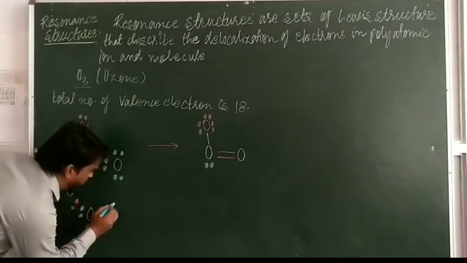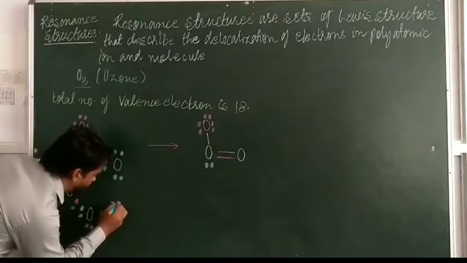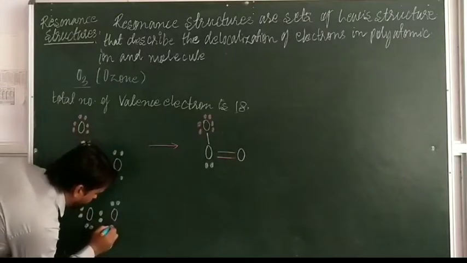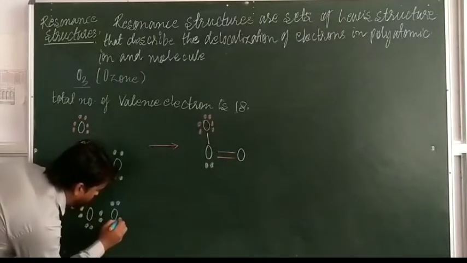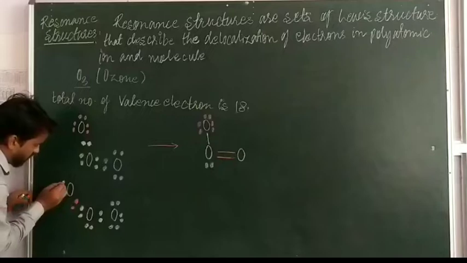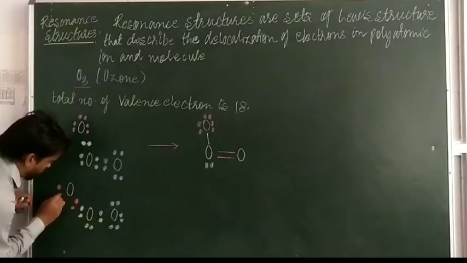The electrons of this oxygen atom are 6 electrons.